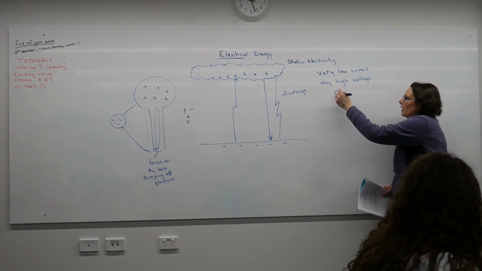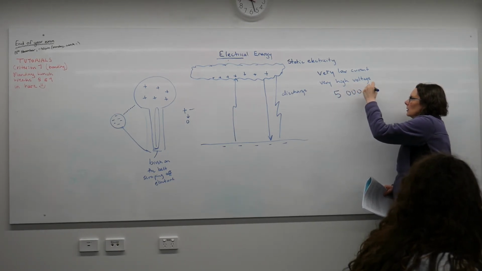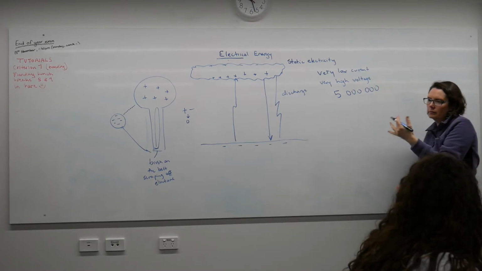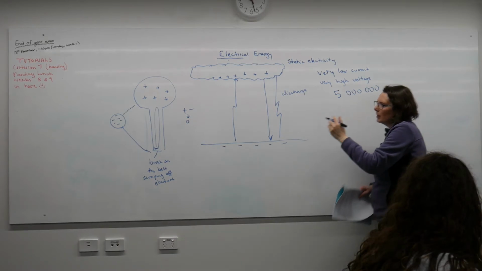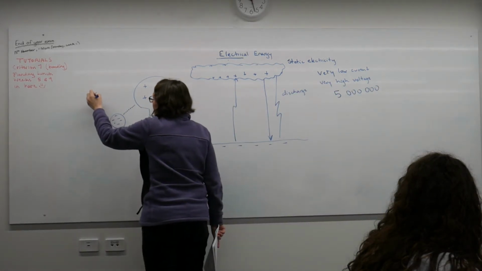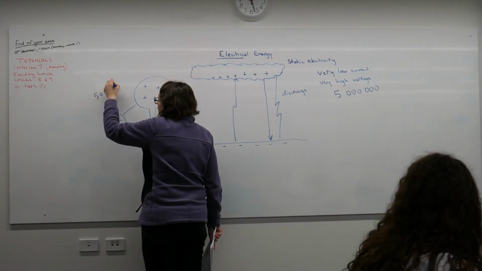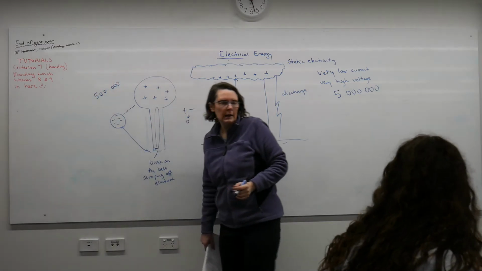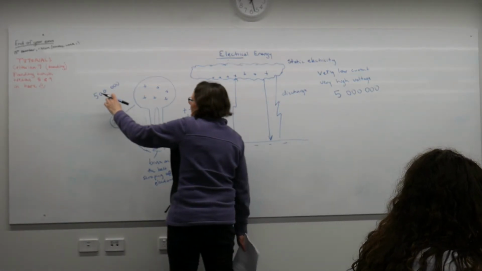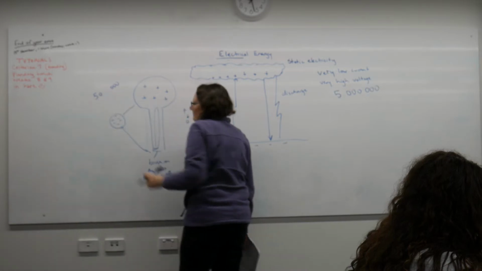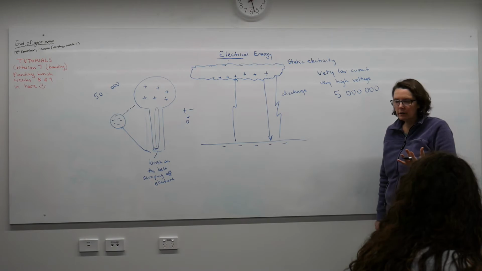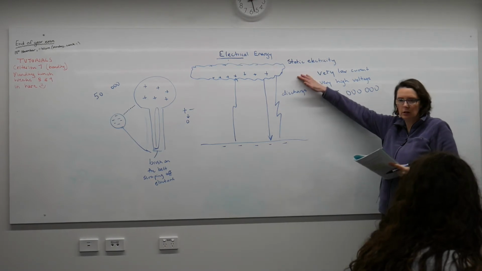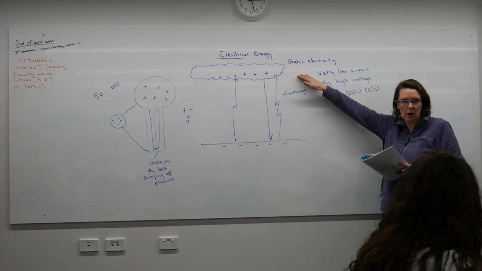But we could have 5 million volts, or we can certainly have very big volts. We could have like 50,000 or 500,000 maybe even volts, probably go with 50,000, on our Van de Graaff generator. Static electricity generates a much, much higher voltage.